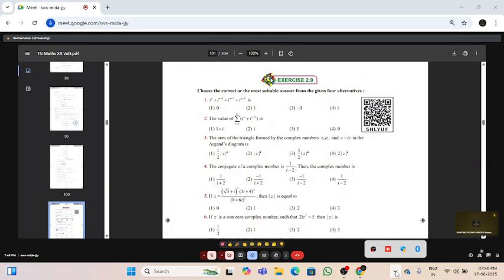Suppose i^n has n divisible by 4, it will start with 1, then i, then -1, then -i. So any 4 get cancelled out and you get 0. We already saw that earlier.